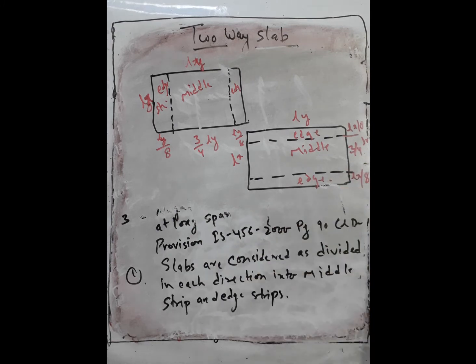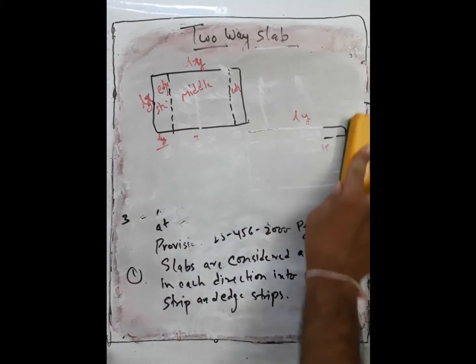So in this way we have divided the slab into edge strips and middle strip. Ly by 8 when we consider Ly, and if we take along Lx, then we take Lx by 8. Now the second provision is given.